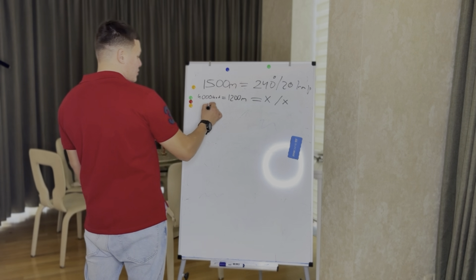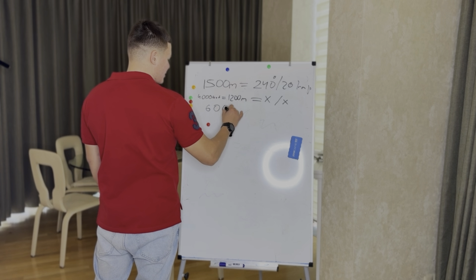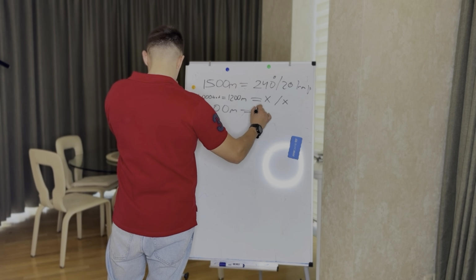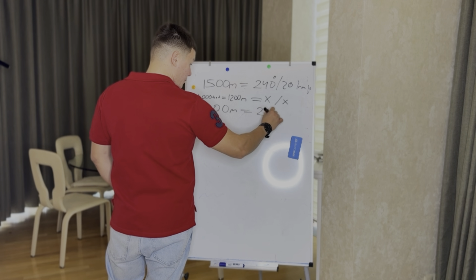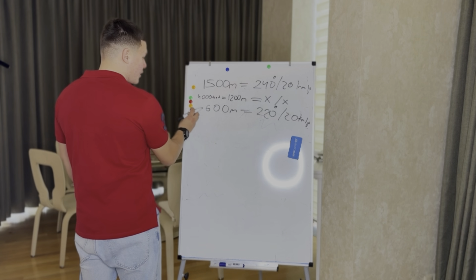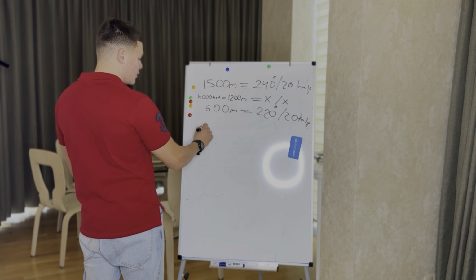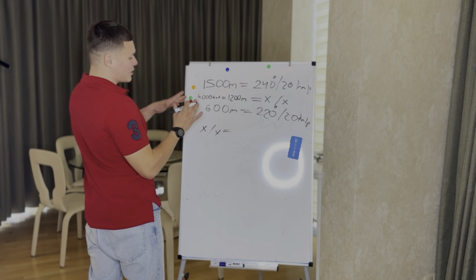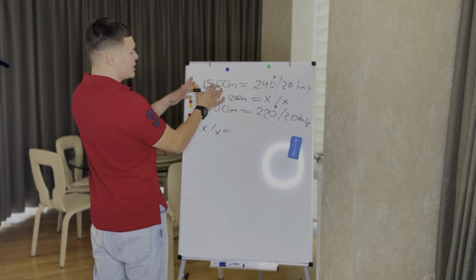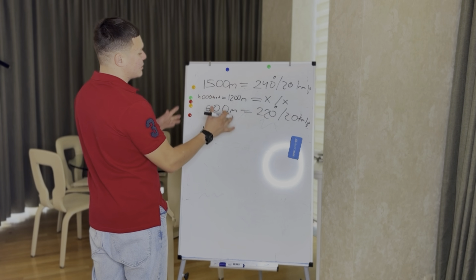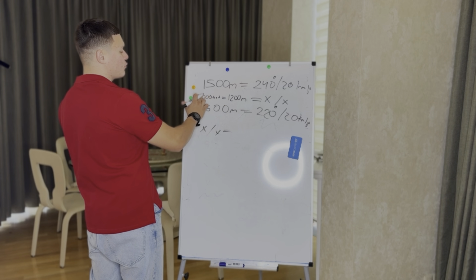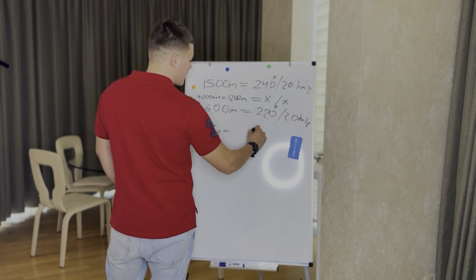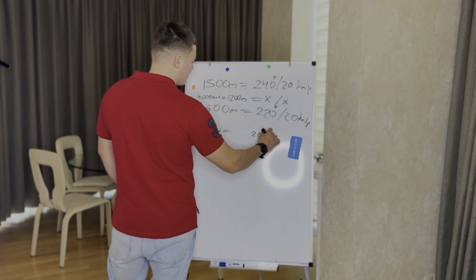At the altitude 600 meters, we have the direction 220, 20 kilometers per hour. So, at x, the speed is equal as at 600 meters as at 1,500 meters. So, the speed at the altitude 4,000 feet will be the same, 20 kilometers per hour.